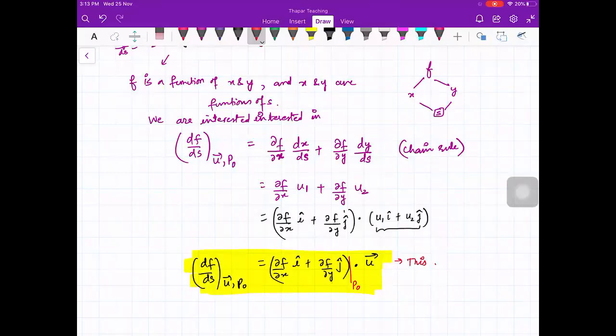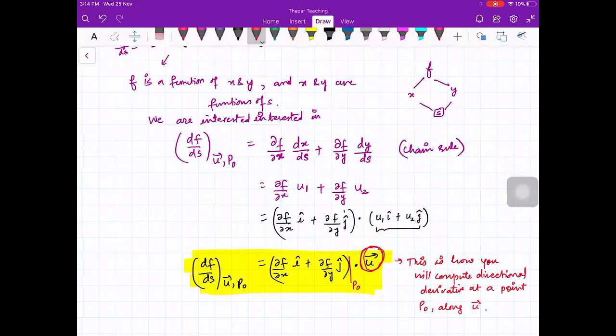This is how you will compute the directional derivative at a point P naught along u cap. The important thing is that u vector has to be a unit vector.